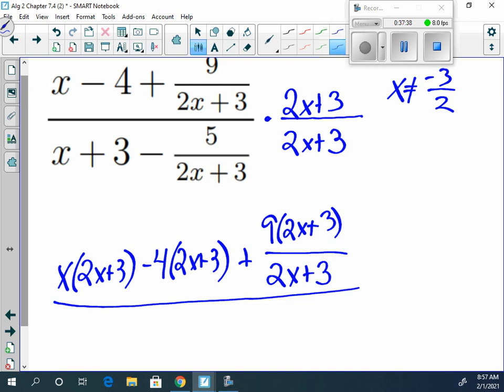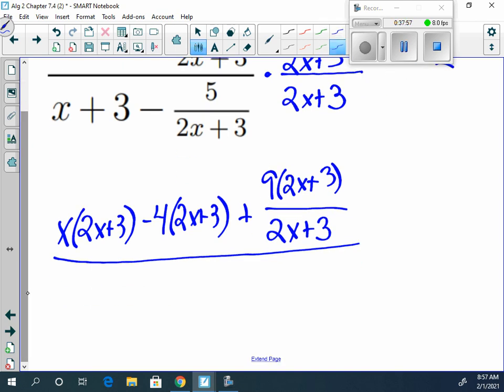Now, it might be tempting to go on and multiply that 9 by the 2x plus 3, but why wouldn't we want to do that? Well, that fraction, right? The 2x plus 3 and the 2x plus 3 are going to simplify. They're going to cancel out. So there's no reason to multiply them together if we're just going to do that.